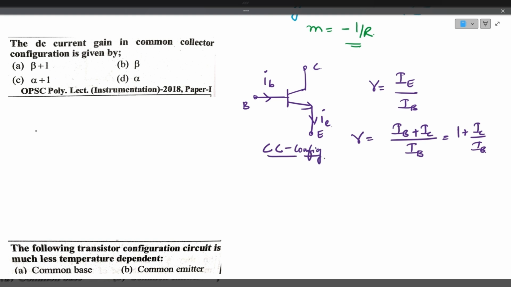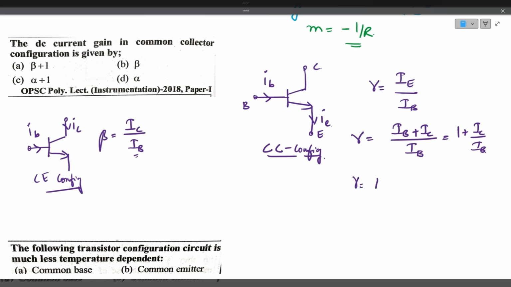If you consider the CE configuration, input is at the base and the output is at the collector. For this, the current gain beta is equal to output current, collector current, divided by input current, base current. So by substituting this, gamma is equal to 1 plus beta. This is the answer. So the answer is option A.